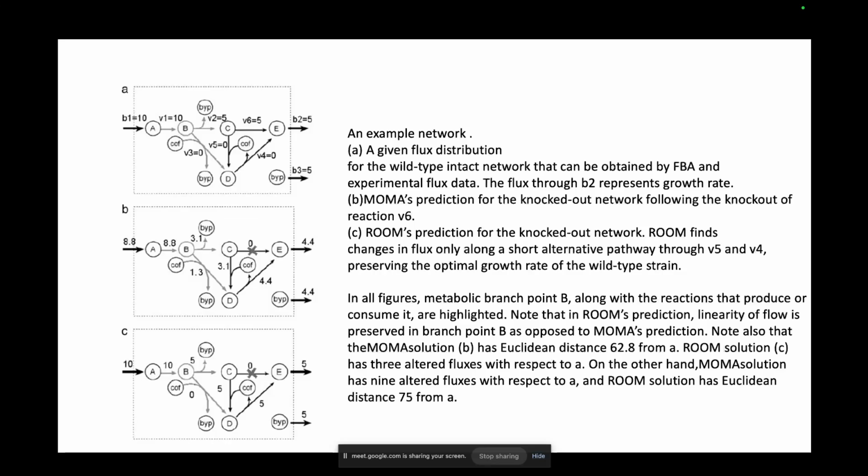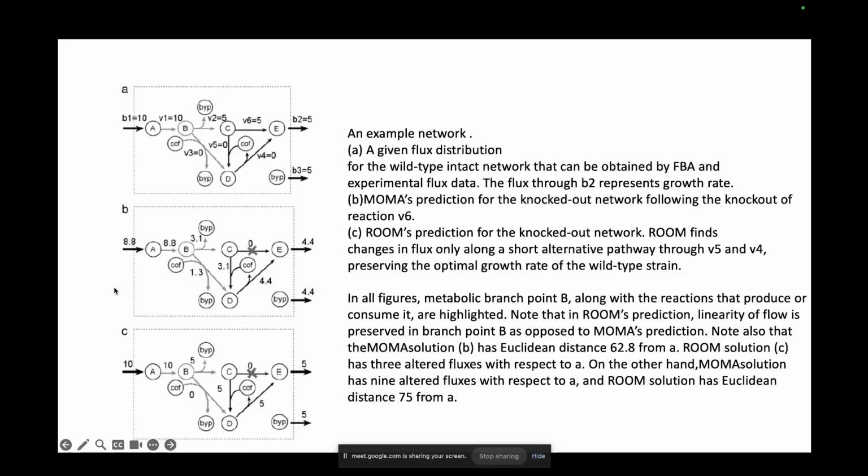So this is another example where these three methods are compared. This is a given flux distribution for the wild type intact network that can be obtained by FBA and experimental flux data. The flux through B2, this is the B2 reaction, represents the growth rate.